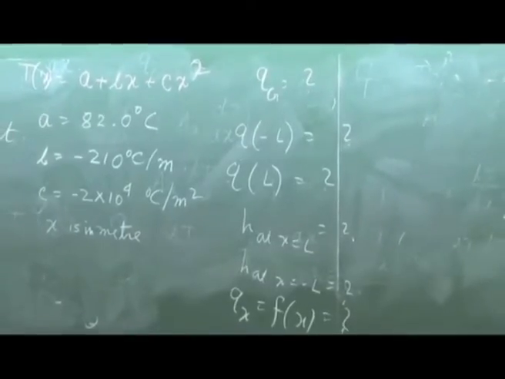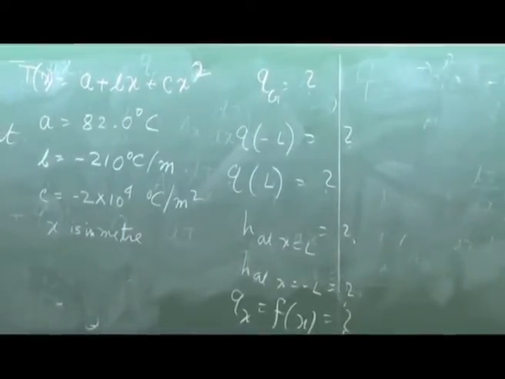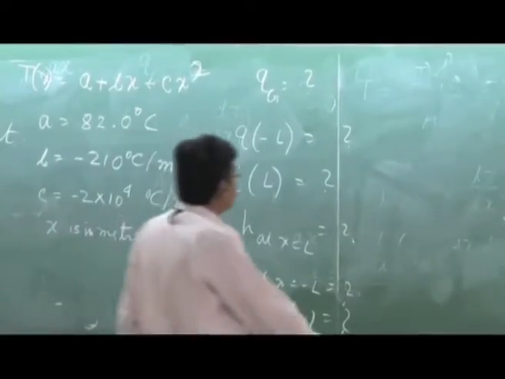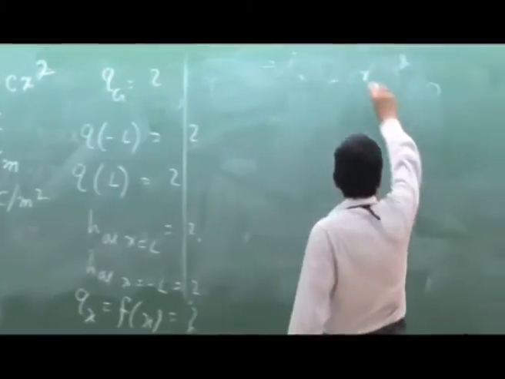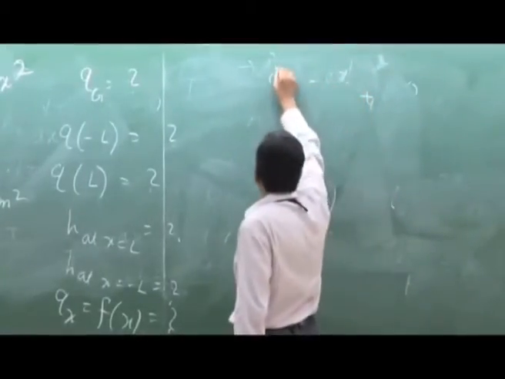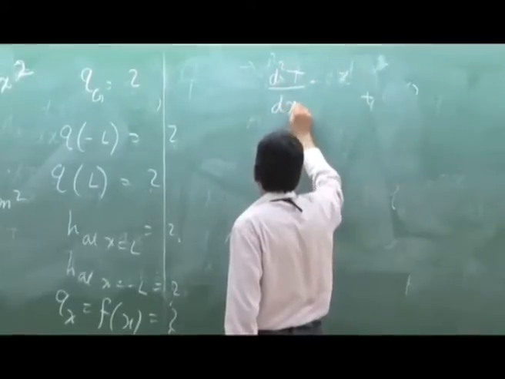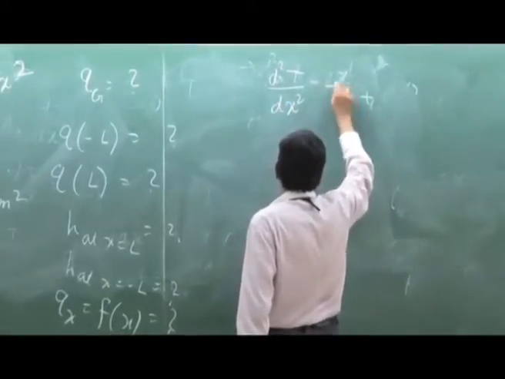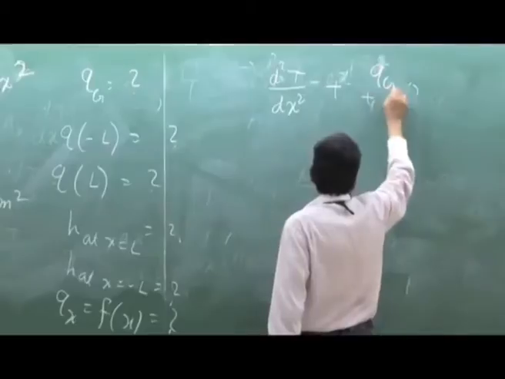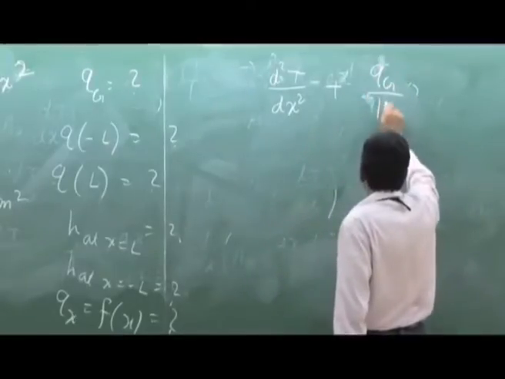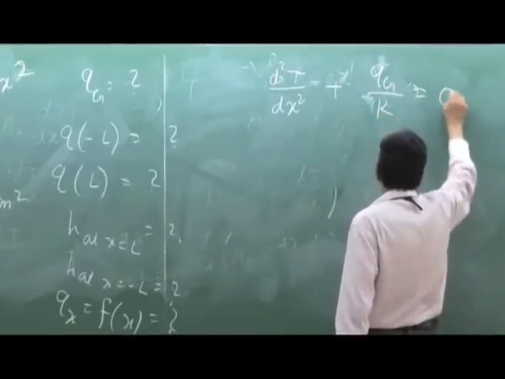Please tell me. Therefore, we will start from this simple equation: d square T by dx square plus Qg by K equals 0. This is plane area.